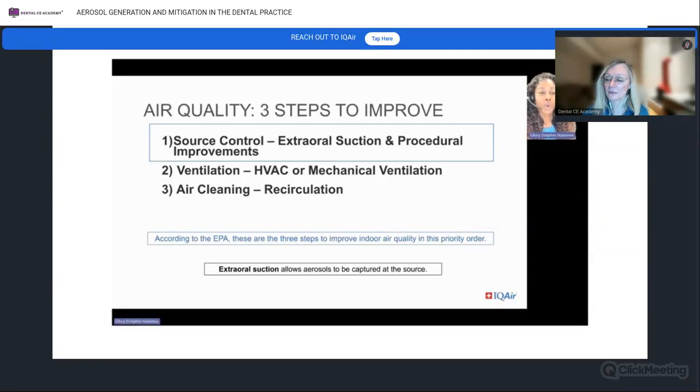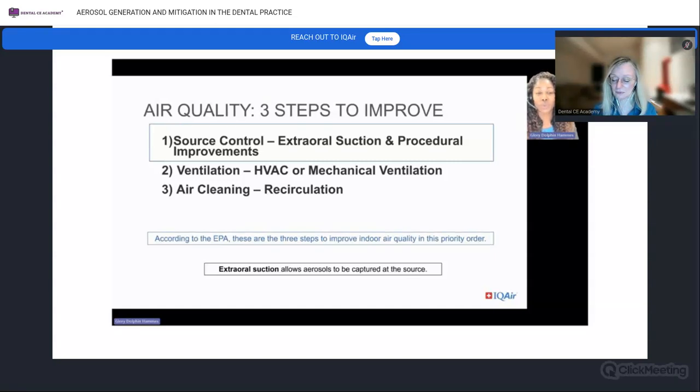So we're going to talk a little bit more about source control. First, you measure the air quality to understand where you want to be. But when it comes to the dental environment, in terms of source control, you want to remove the source of airborne particulate matter as it's being created. That's through the use of a device called an extraoral suction device. It vacuums away in a suction-like manner the particulate matter as it is being created.